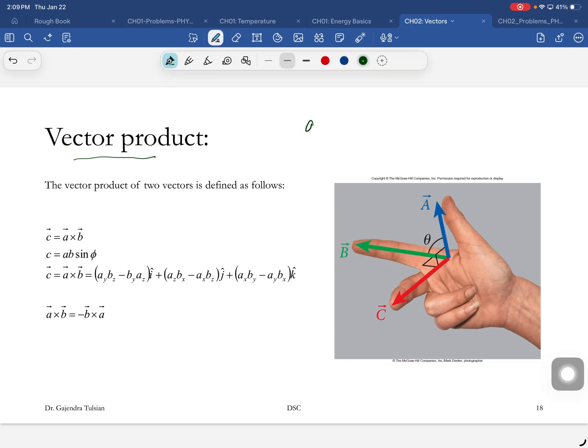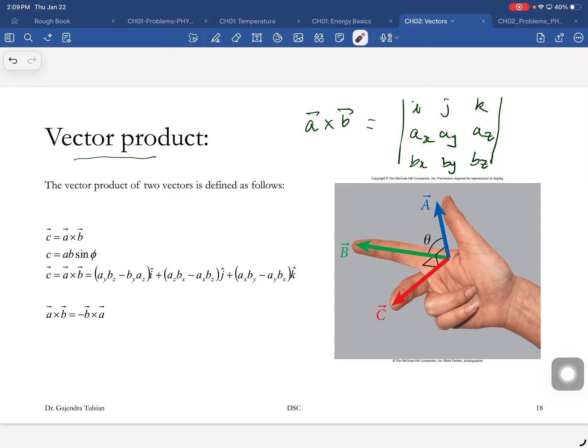Here's A. Here's B. What is the cross product? 0. So the cross product of parallel and anti-parallel vectors is 0. You have to remember this.